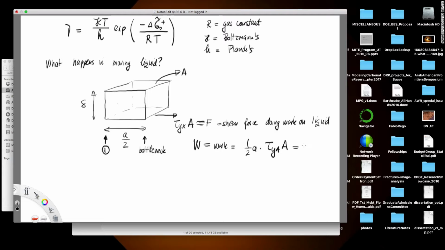So I'm going to say 1/2 tau yx, this volume divided by delta. Everybody agrees with me? Where V is A delta, it's a box volume.